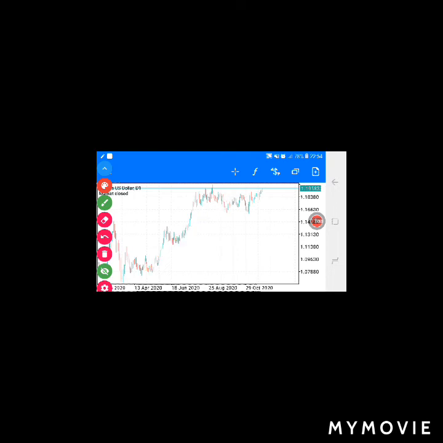Okay, those who have my PDF know that I wrote about the first leg, the second leg and the third leg, where you must take your trades. As you can see here, this was our first leg, and then as the market goes up, we can call this the second one, and this was our third leg. Okay, this was where we take our signal. Even if the trend line does not agree with us in this one, you can place a trend line here.